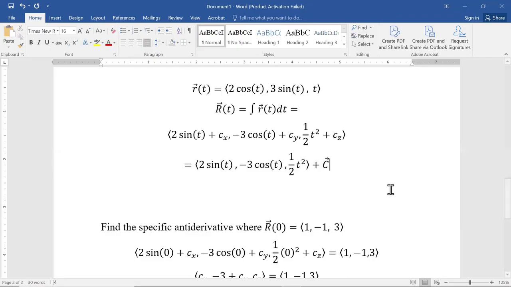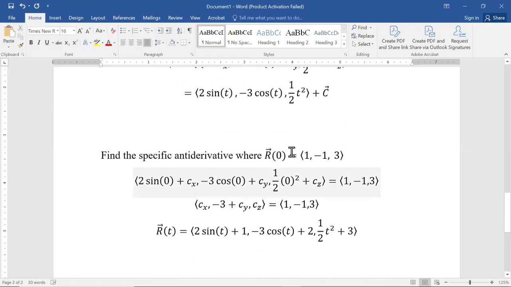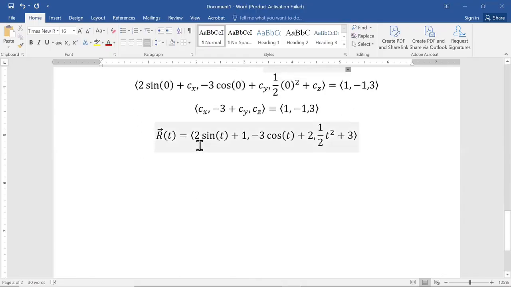Again, two different ways you can write it. But remember, these constants in the components could be different. And if we have this specific value, well, then we can find the specific antiderivative.